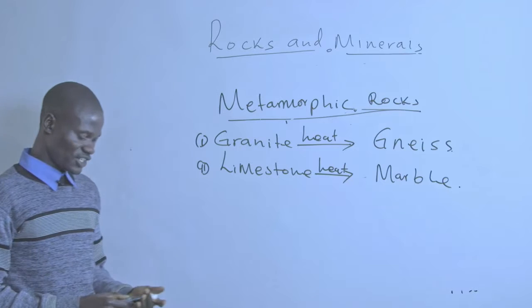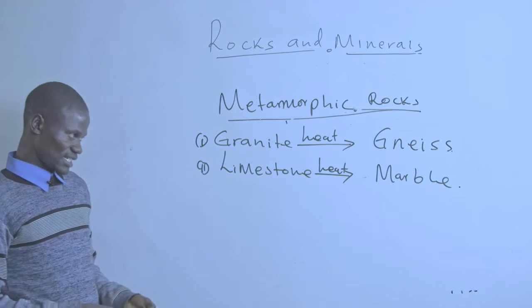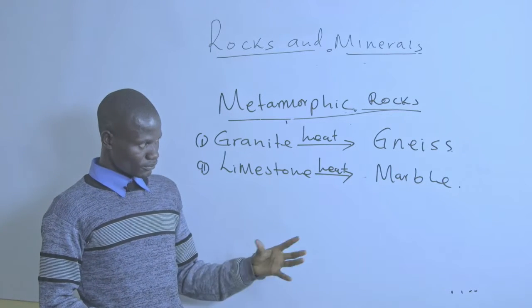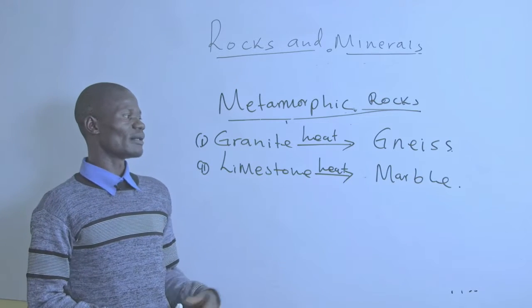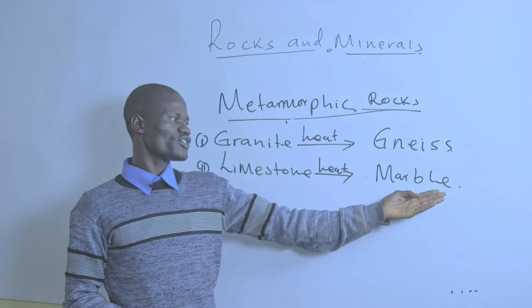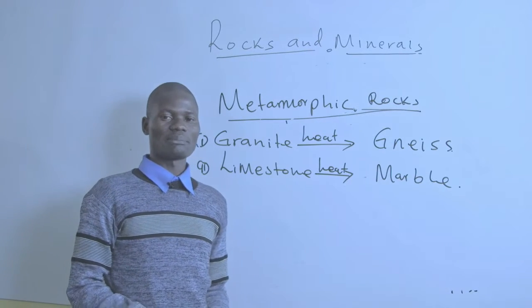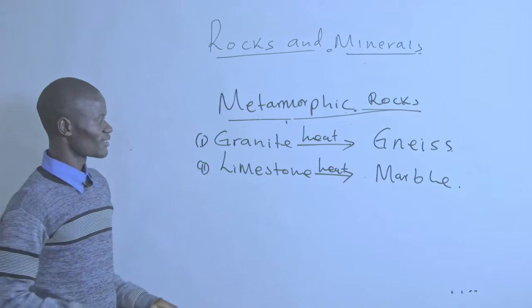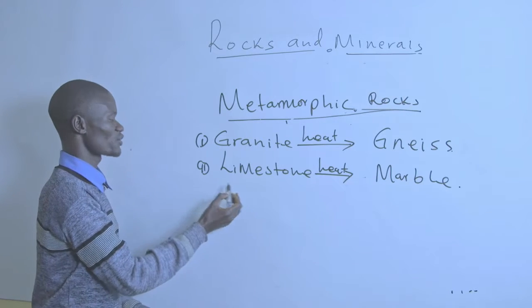And marble is a very soft and cheap rock that can be used to mold some portable structures. Mostly marble is used in making plasters, and it comes from the limestone.